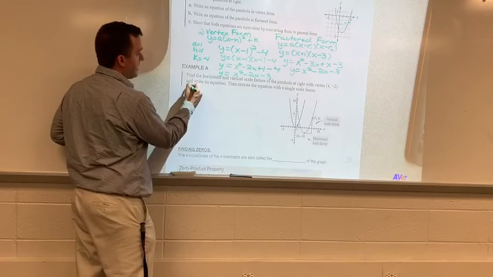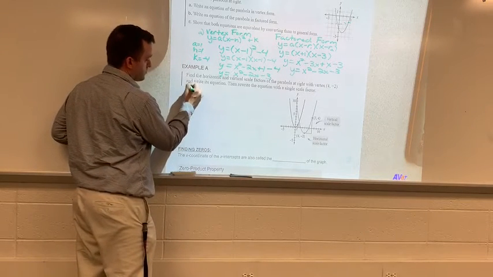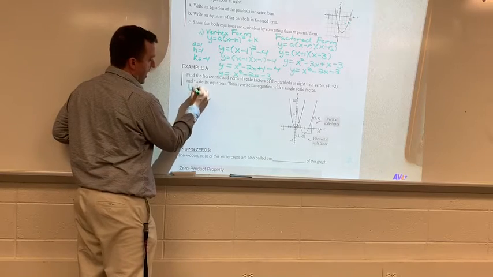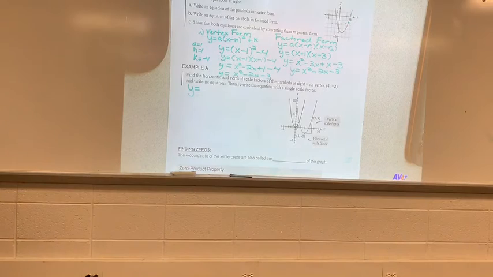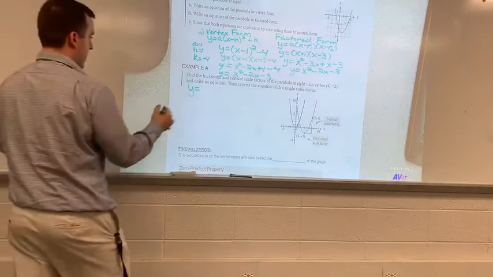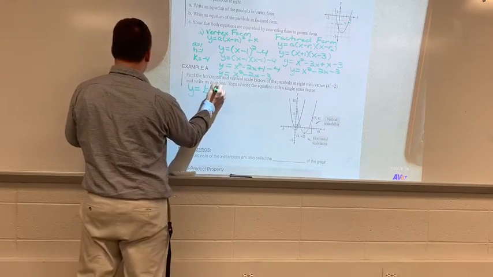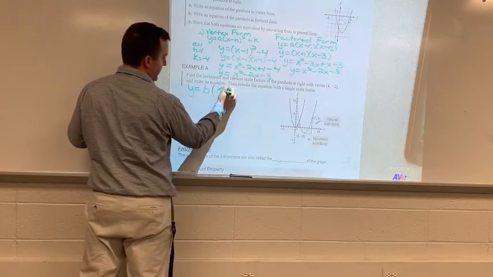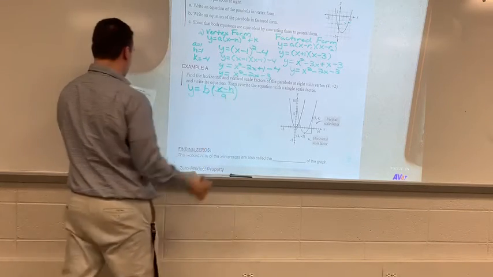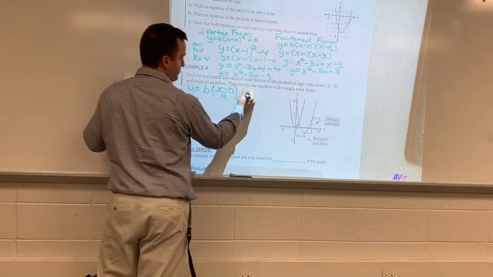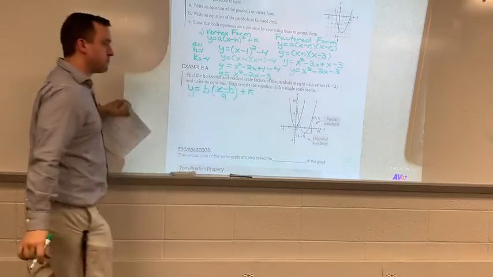So in general form, we have y equals b, our vertical scale factor, times x minus h over a, our horizontal scale factor, plus k.